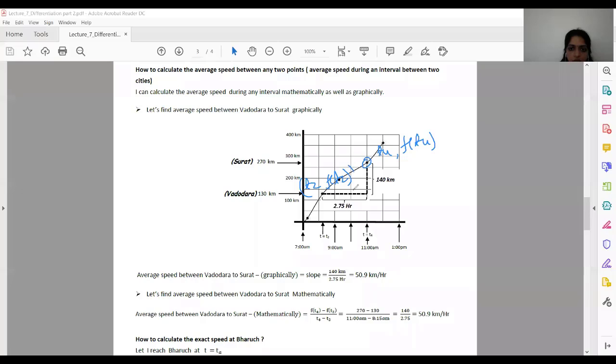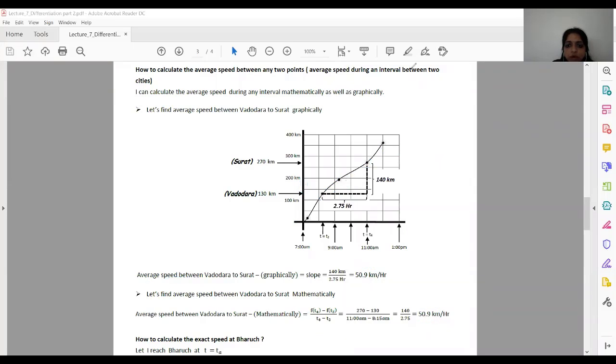So this is the formula: f of T4 minus f of T2 upon T4 minus T2. By substituting the values and simplifying, you get the answer. Both answers will be the same. So it is easy to find the average speed between any two cities or between any two points.